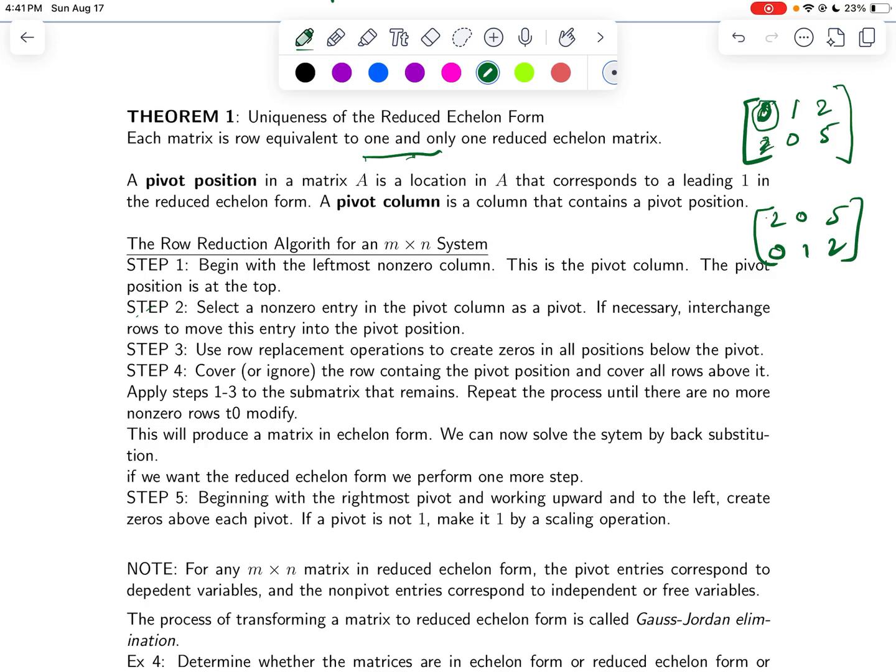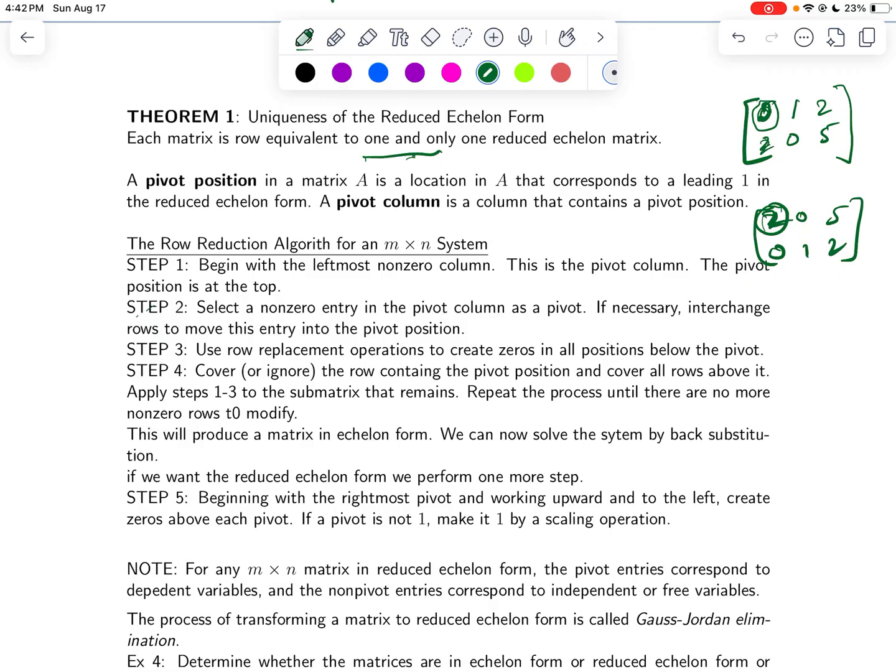Sometimes it's easier to apply a row operation to have a 1 in the pivot position, because if we are going to use the row reduced echelon form, we have to have the pivot as 1.